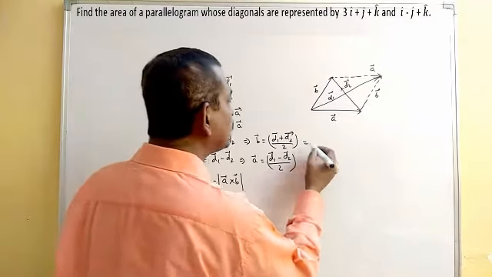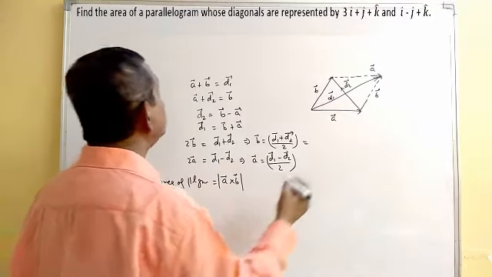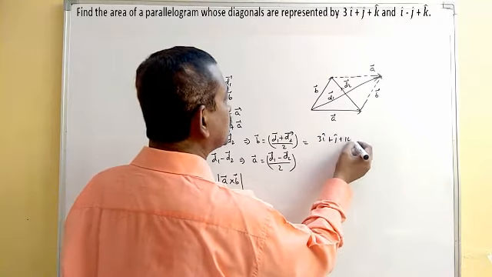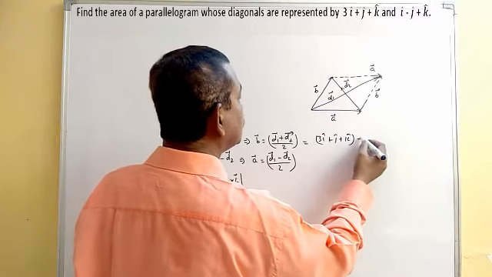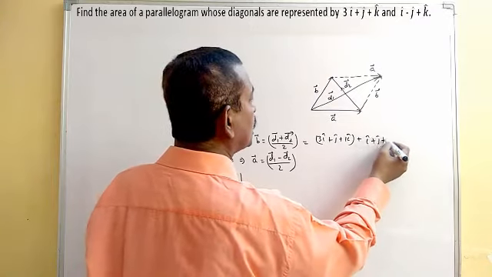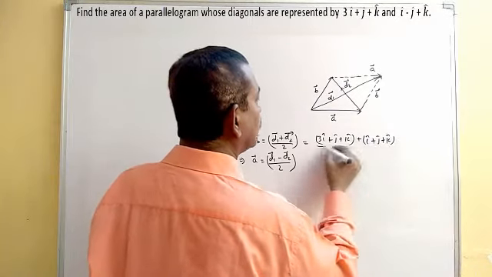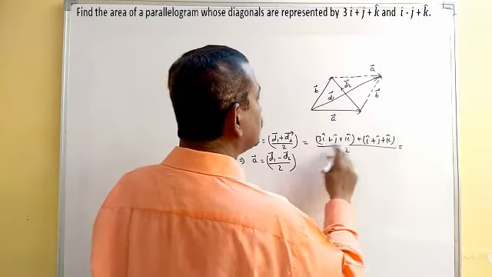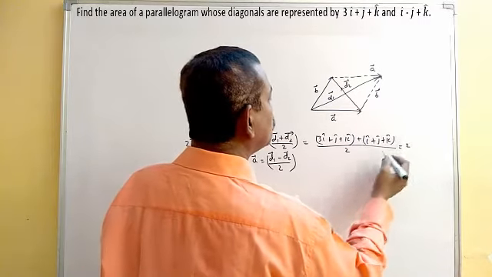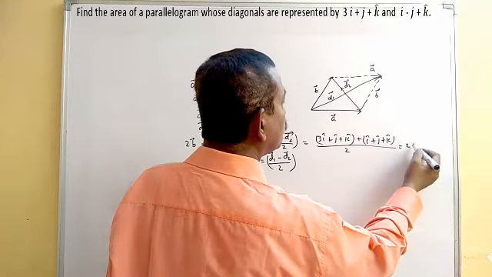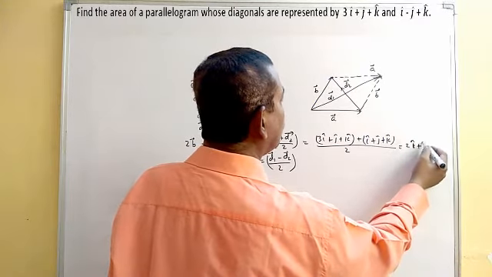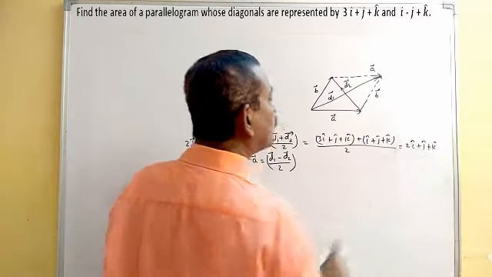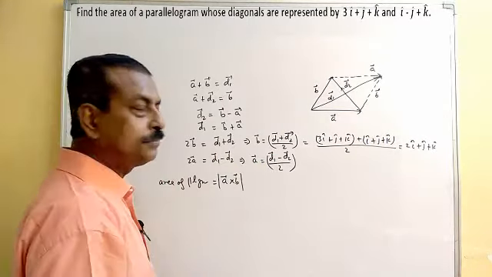Now if I just substitute the values of d1 and d2, d1 is 3i plus j plus k, and this is i plus j plus k, divided by 2. So this will be equal to 4, that means 2, 4 by 2, so 2i plus j plus k. This is your vector b.